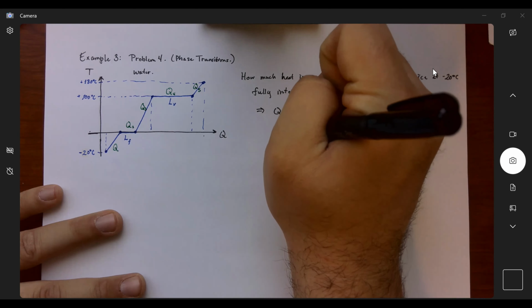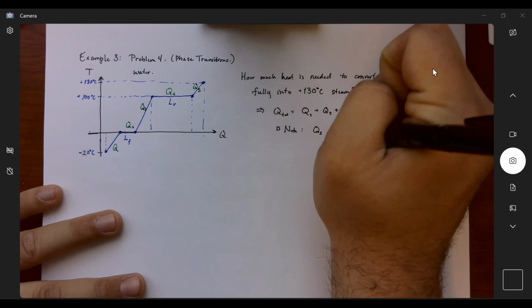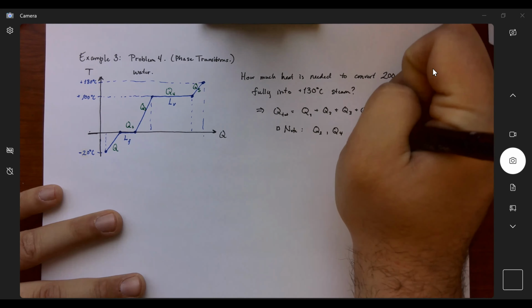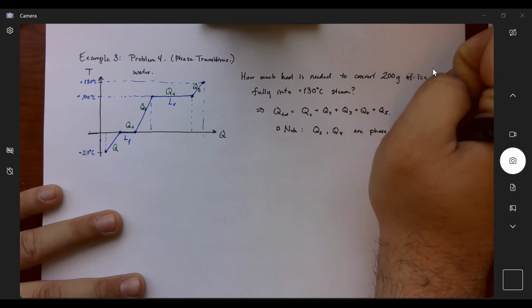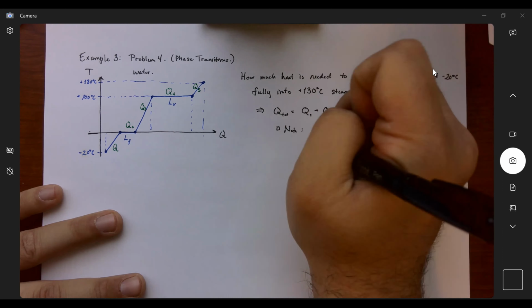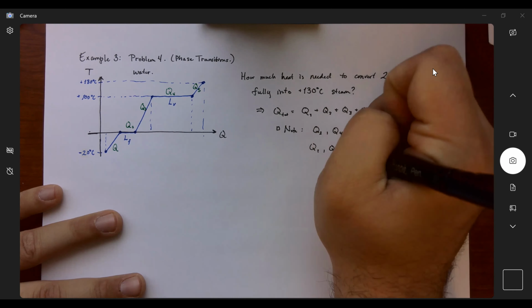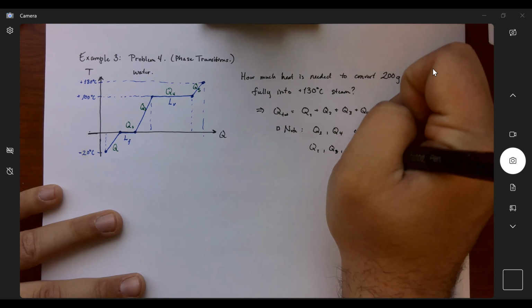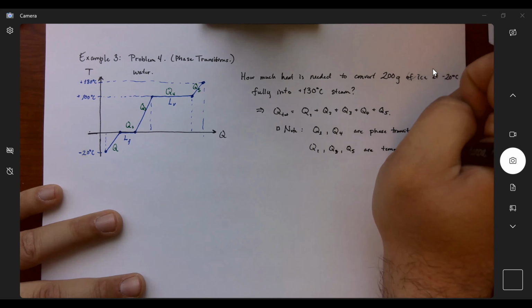Note Q2 and Q4 are phase transitions. And Q1, Q2, or sorry, Q3 and Q5 are temperature changes.